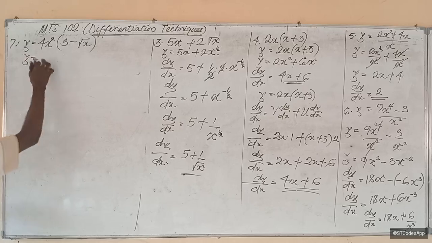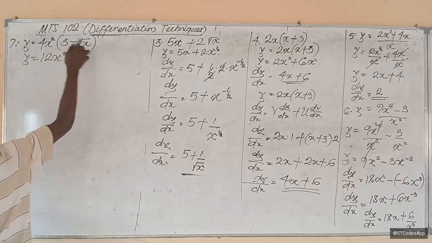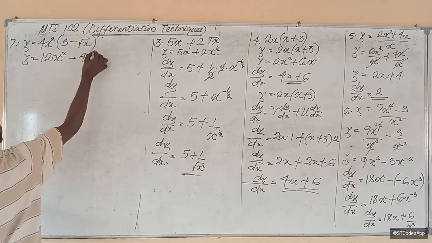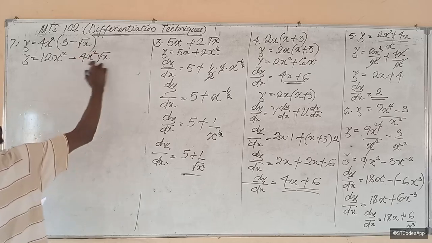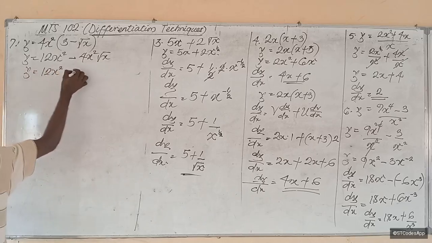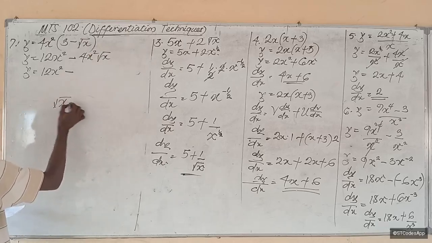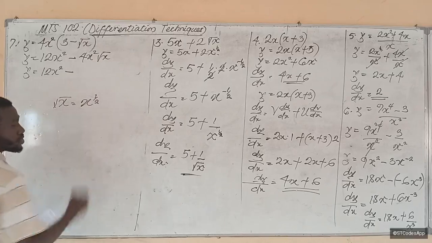So y will be equal to, if you open the bracket, you have 12x squared here, then minus 4x squared times root x will give you 4x squared root x. I'm going to simplify this so that y will now become 12x squared minus, remember that root x is equal to x raised to the power 1 over 2.